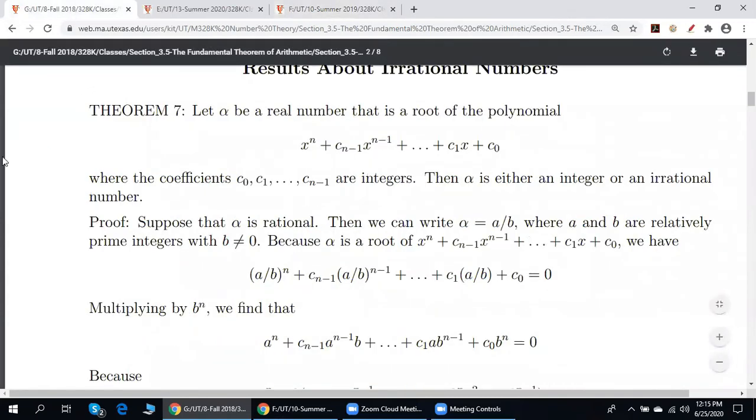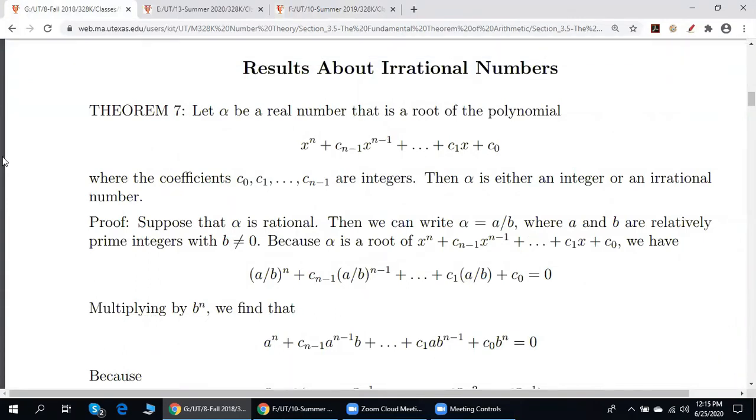Now let us discuss the following general result. Theorem 7. Let alpha be a real number that is a root of this polynomial. Please take a good look at this polynomial. The coefficient in front of x to the nth power is 1.